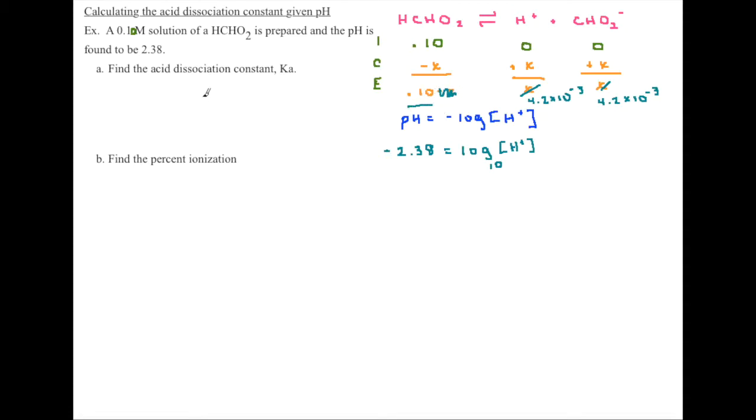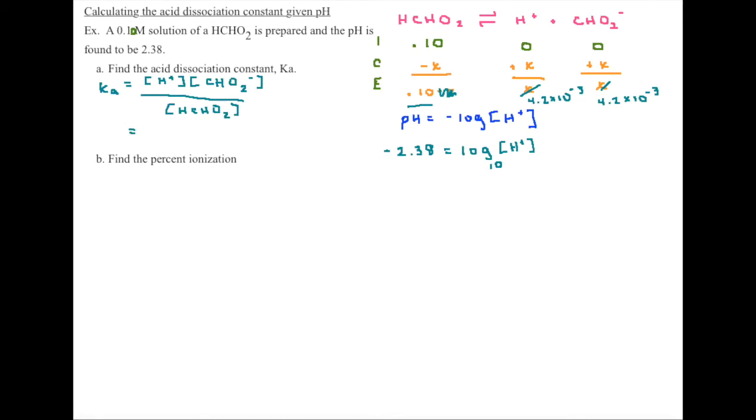So if I want to find my Ka, that is simply going to be the concentration of my hydrogen ions times the concentration of my anion, all over the concentration of my weak acid. And now I just have to plug in values.